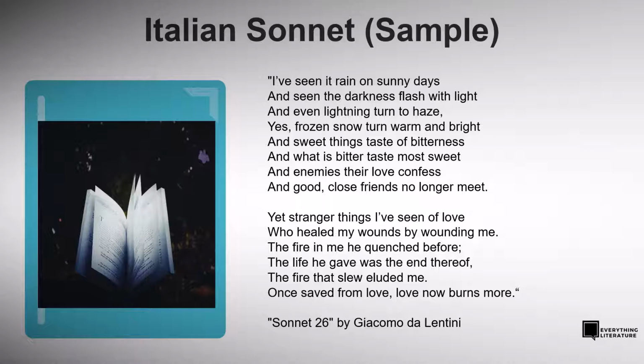Sweet and meet rhyme. Then in the sestet, we have love and before, wounding me and thereof. You can see that me and eluded me rhyme, and then we have more and thereof rhyming.